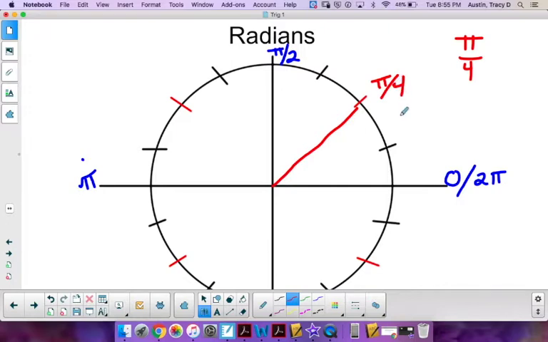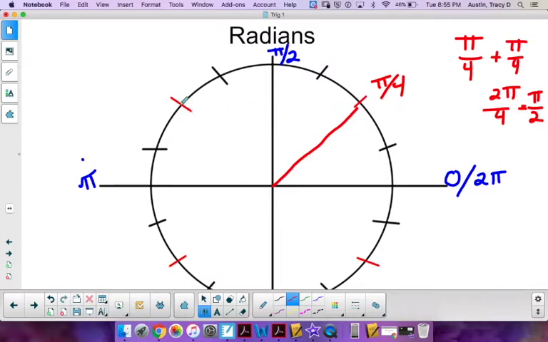And this is where also being able to add fractions without a calculator is going to help you. Because if this represents 1 pi out of 4, like one piece that happens to be pi out of 4, and I go to the next one, remember in degrees it was 45 and 90, right? You double it. Well, what's pi over 4 plus pi over 4? It's 2 pi over 4, and you reduce the fraction and you get pi divided by 2.